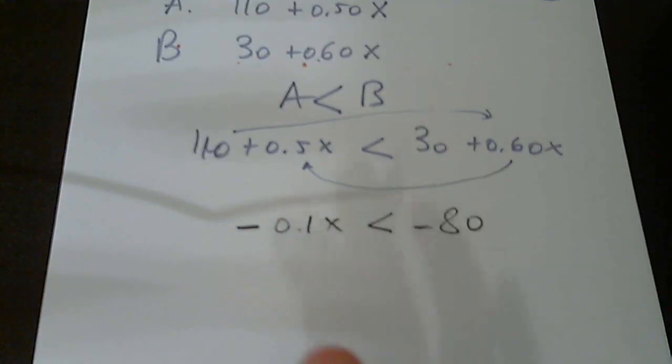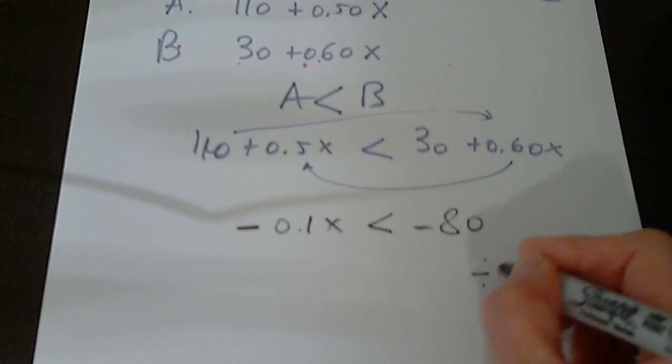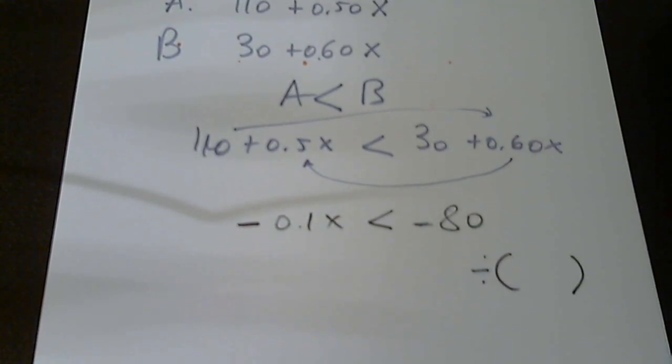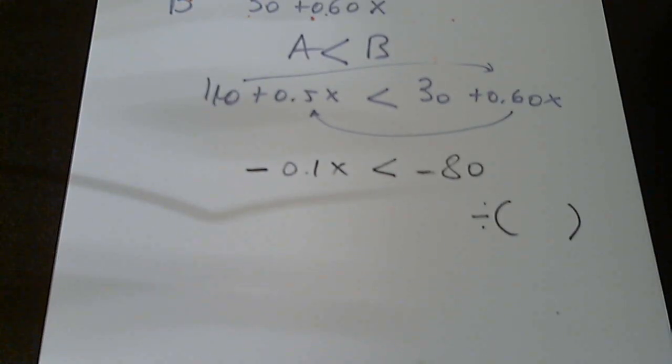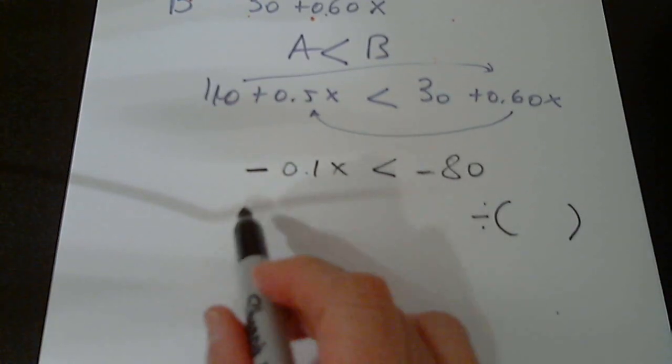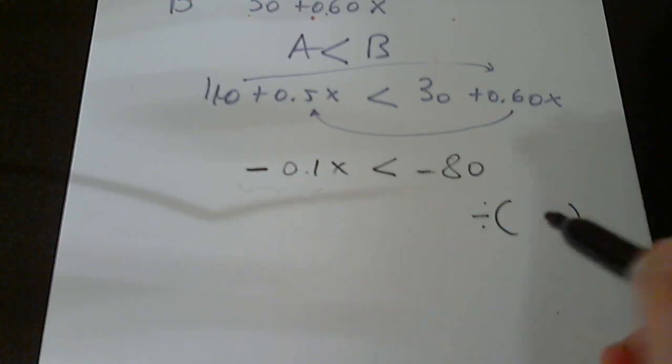Perfect. Careful now. We have to divide both sides by which number? Negative 0.1. Yes, negative 0.1.